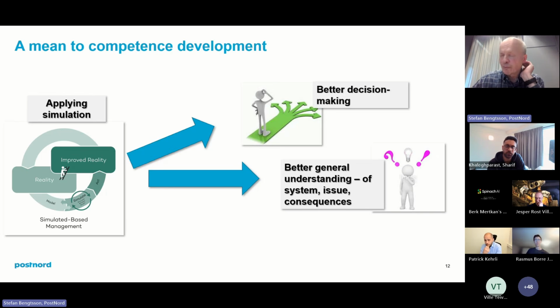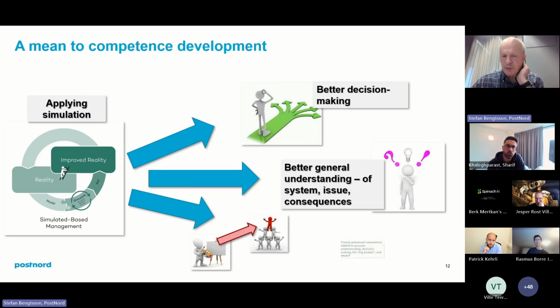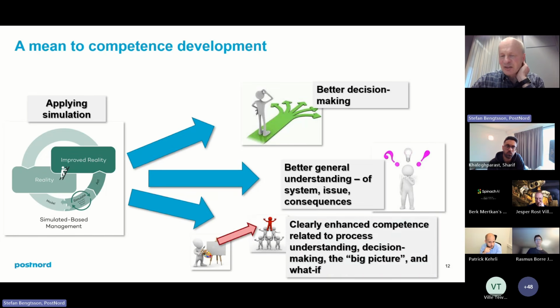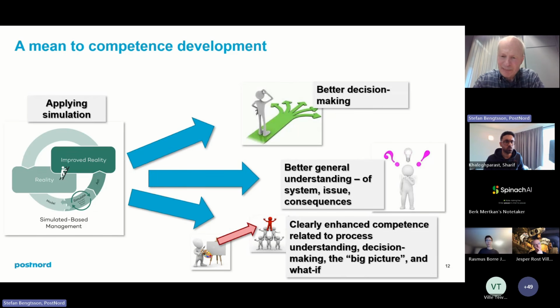And that is, of course, partly related to decision making. But what's often is forgotten is that during this process, the painter, the artist, his or her competence also develops immensely during the process of modeling.